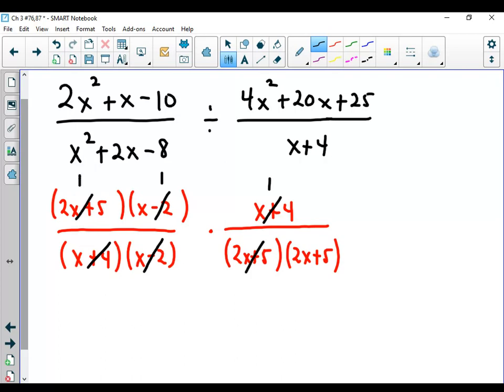So this one actually breaks all the way down to just 1 over 2x plus 5. And that would be our simplified answer. Okay. So factoring comes into play a lot with this. But once we have it factored, then we're going to simplify these things.